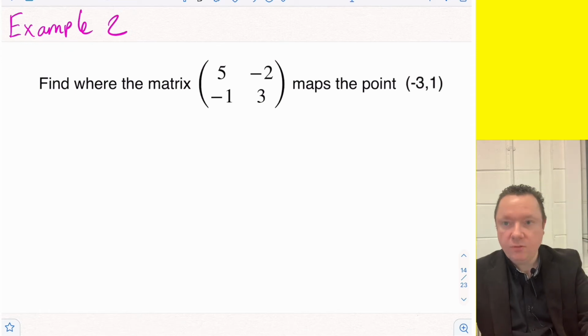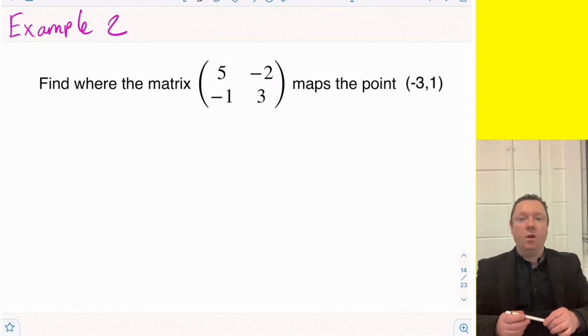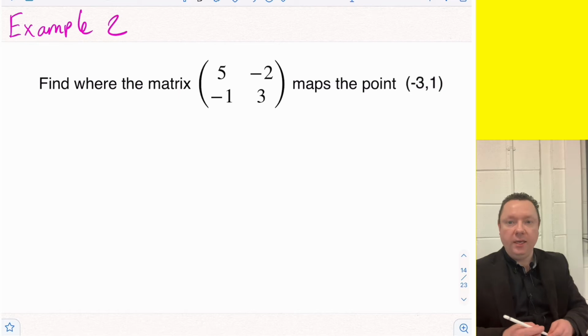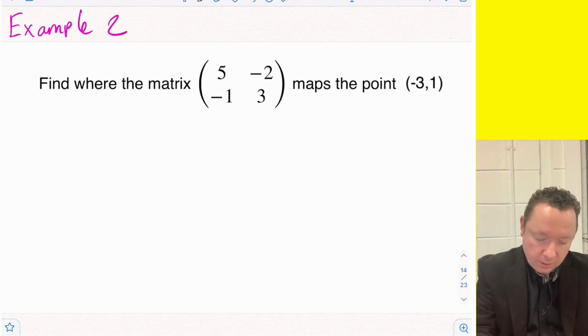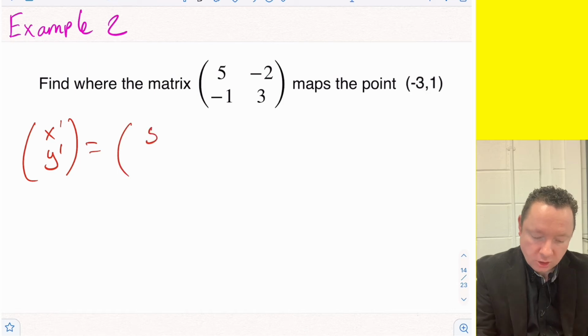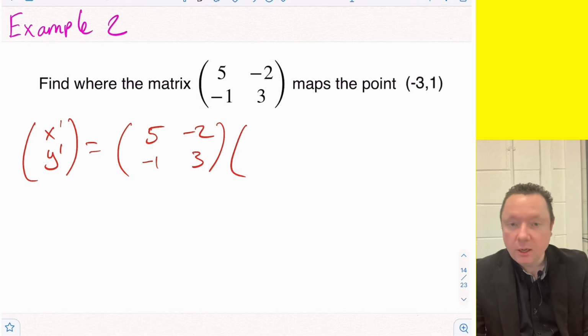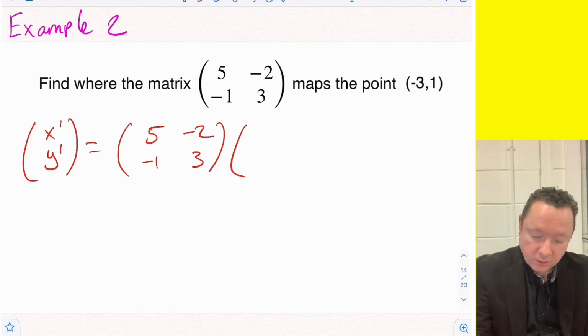Find where the matrix 5, minus 2, minus 1, 3 maps the point minus 3, 1. We have got our image x prime, y prime equals our transformation matrix times our original point as a matrix, minus 3, 1.